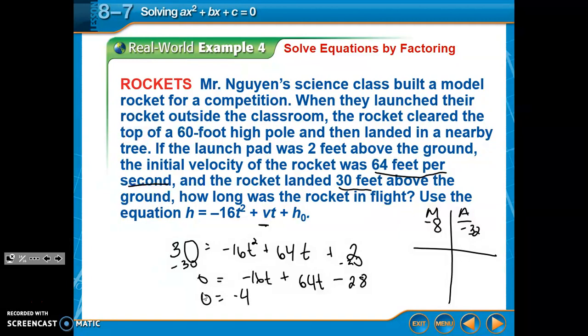So if I pull out a -4, I'm going to get 4t squared minus 16t, and then plus 7.